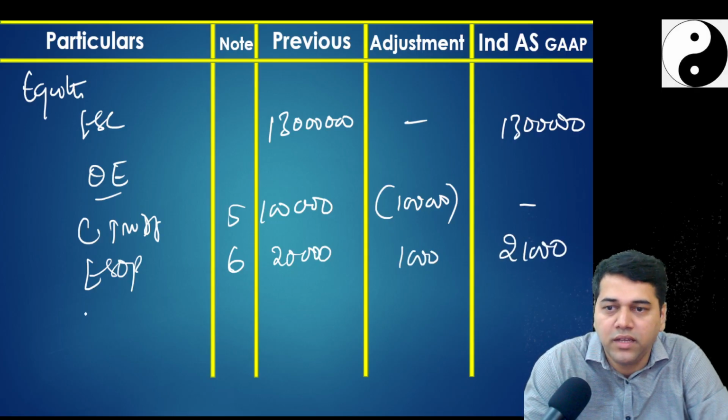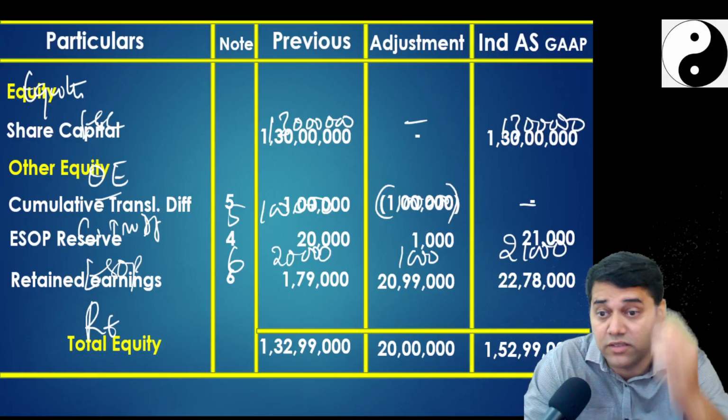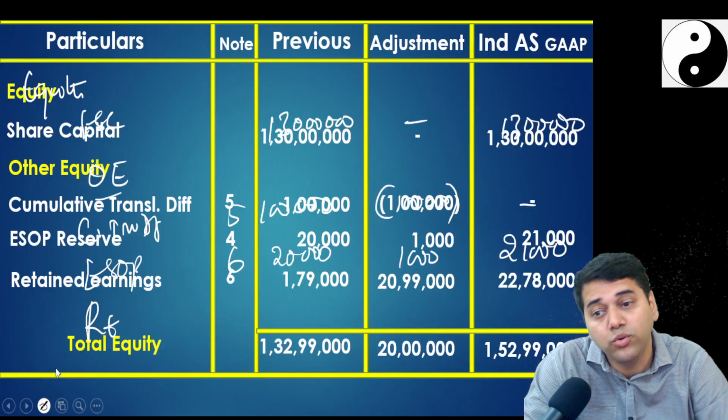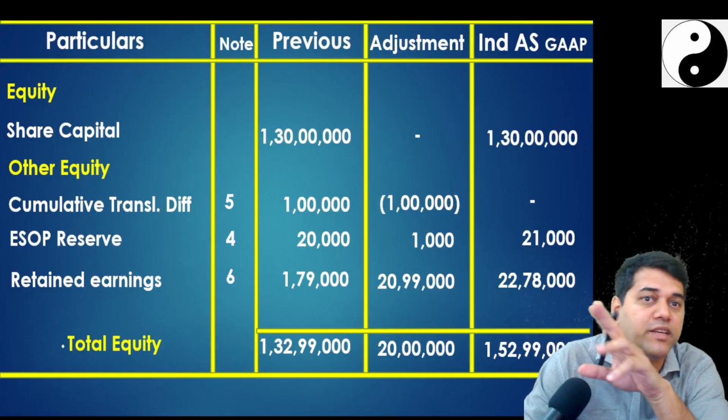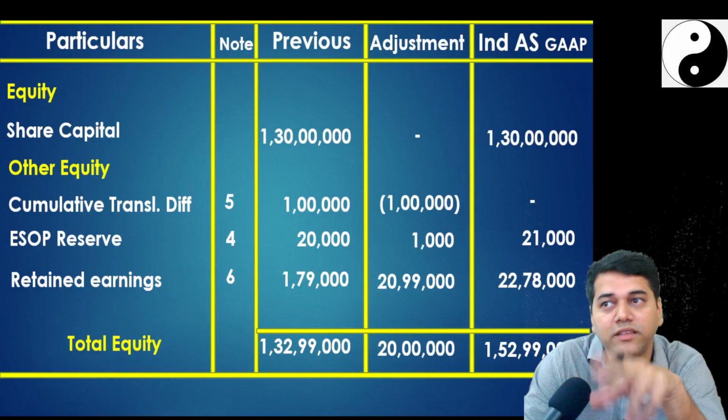The second leg comes in the retained earnings. Retained earning balance is 1,79,000. And you take this cumulative adjustment wherever it has hit your retained earnings. The second leg is sitting in the same balance sheet.